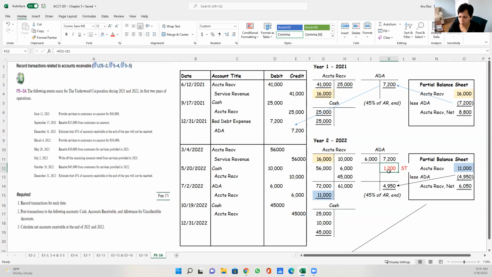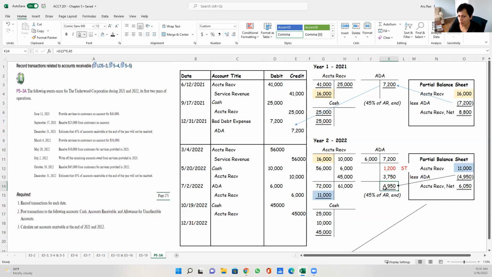It's a subtotal over here. Now I have 1,200. I want my ending balance to be 4,950. So my adjusting entry needs to be only for the difference. Okay, so my adjusting entry should be for 3,750 in order to bring the balance up to 4,950.